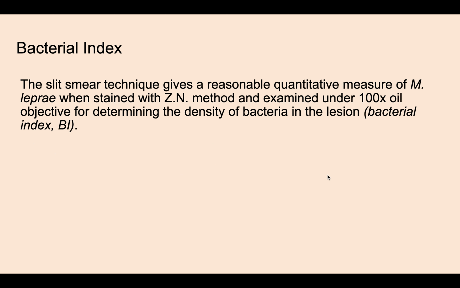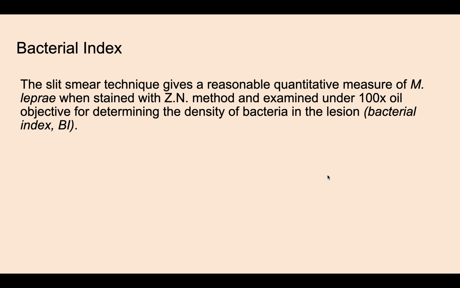Now an important thing for this bacteria is the bacterial index, which is the amount of bacteria present in the lesion. The bacterial index also determines the treatment, and it also determines the prognosis. So the bacterial index is a very important thing which is measured in case of Mycobacterium leprae.